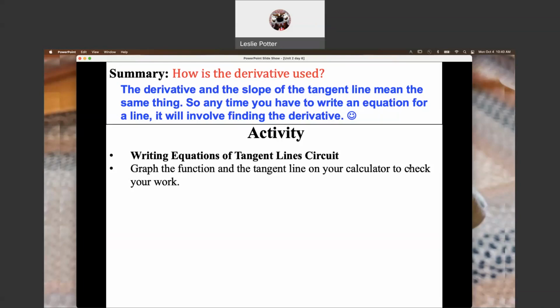But it's very procedural. Today is the day we start sprinkling in what to do with the derivative. We expect you to calculate it, but now we expect you to include it in the right location as you write the equation of a line.